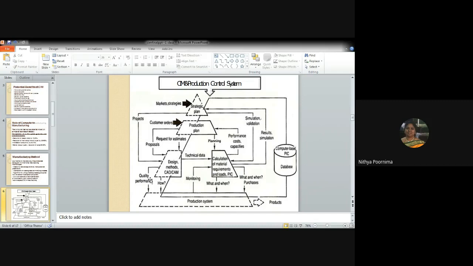Then they would check for the quality. After the net output, they would be checked for the, this is the production system. Once the production system is putting all these ideas into actually converting the raw material into product, once the product is out, they would check for quality. They would see whether the production process is working smoothly, and continuous monitoring used to be happening.